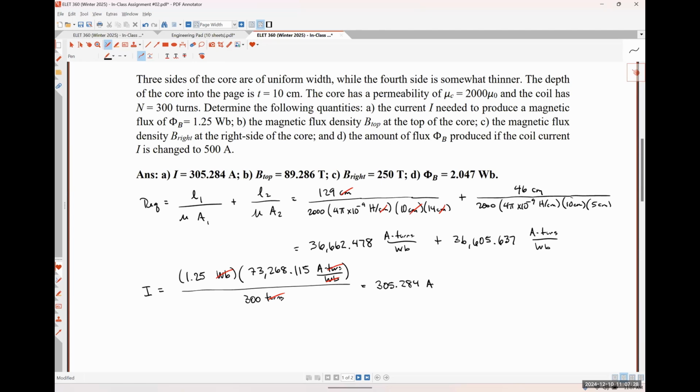All right, so we figured out the amount of current required to sustain a flux of, not 10 microwebers, 1.25 Webers in this core. So that's a pretty large value of the flux, which is why it took a whole lot of current to get there, okay? Now we need to find the magnetic flux density at the top of the core.